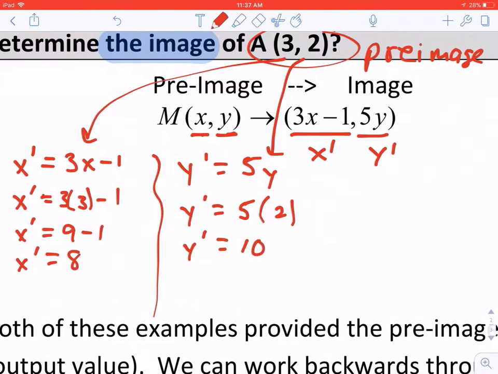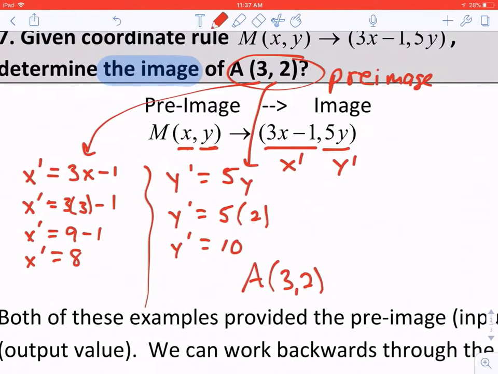Therefore, to sum up, point A had coordinates 3, 2. Using this coordinate rule, A prime is now going to be 8, 10.